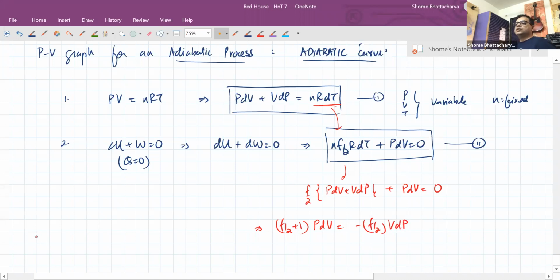Now you know that Cp is (F/2 + 1)R, and Cv is F/2 R. So we can also say that Cp times dV/V is equal to minus Cv times dP/P.